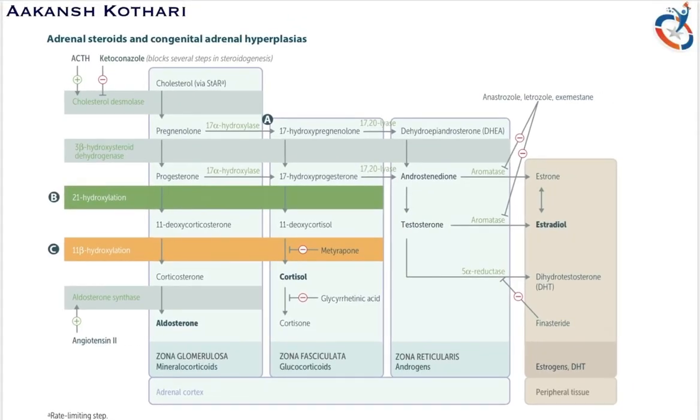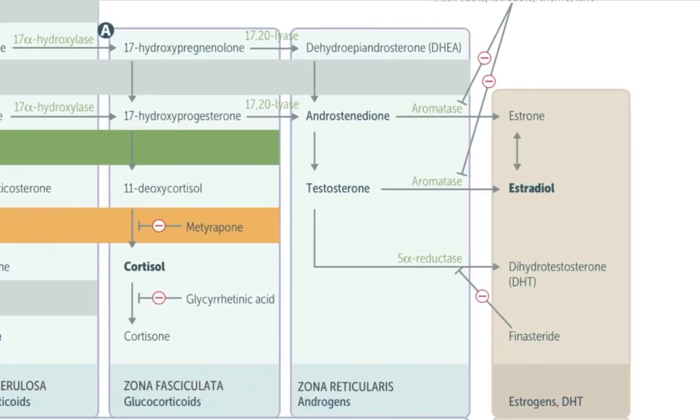Now there's one more thing: like pregnenolone, which is converted into 17-hydroxypregnenolone by 17 alpha hydroxylase, even progesterone can be converted into 17-hydroxyprogesterone by 17 alpha hydroxylase. Is it clear? Now what happens in the production of androgens is that the steps up to 17-hydroxypregnenolone or 17-hydroxyprogesterone are the same, and then there is a lyase enzyme which acts on these two molecules and produces DHEA or androstenedione respectively.